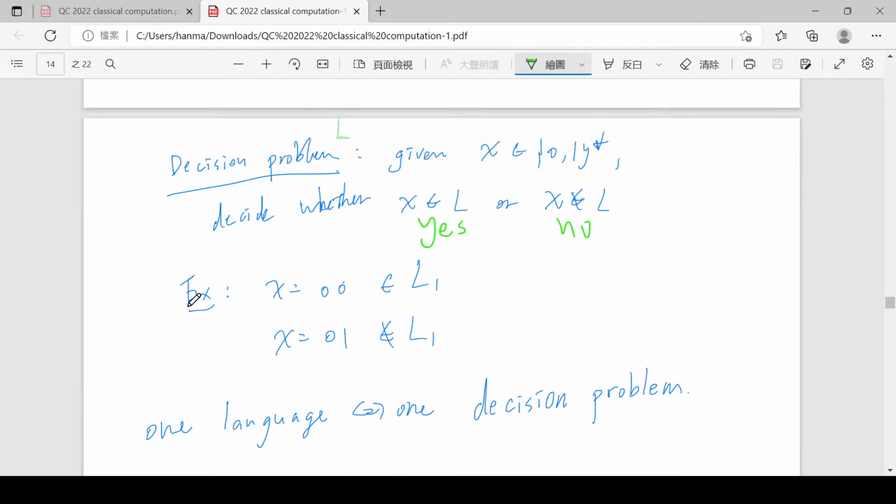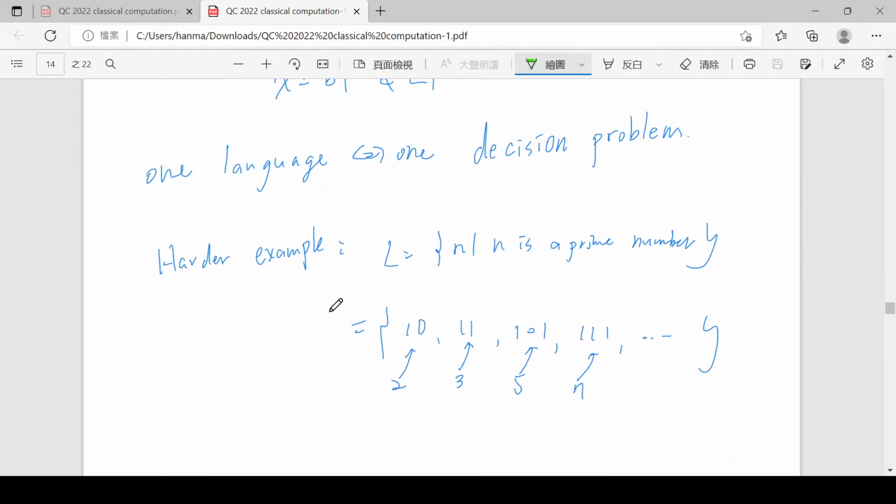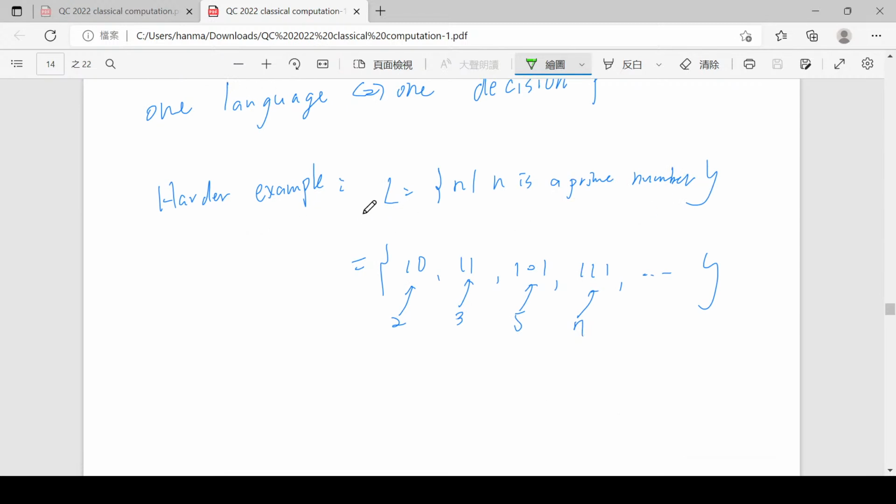And so we can define the corresponding language that is all the prime numbers. So it will be 2, 3, 5, 7, etc. And in terms of Boolean bit string, then it's 10, 11, 101, 111, etc.